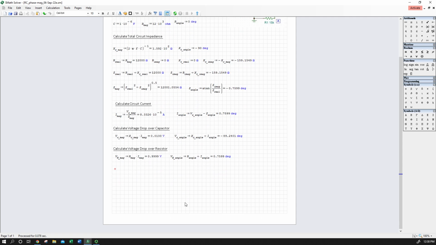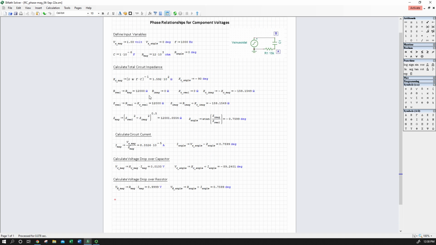It is always a good idea, though, to take advantage of natural checks. One thing we can do to make sure we haven't made a boo-boo is to apply Kirchhoff's voltage law using the magnitudes and angles of the voltage drops over our components, and see if we can add them up and get the source voltage.